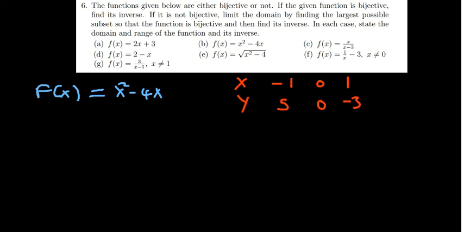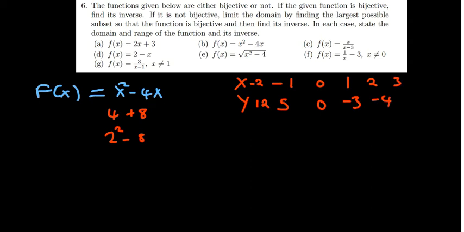We can extend a bit. What if you put a negative 2? Negative 2 squared will give you a 4 plus 8, I believe, 12. Try the other side, 2. 2 will be 2 squared minus 8, 4, that is negative 4.